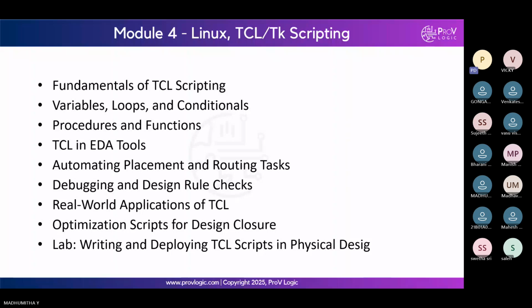Next is Cadence tools. The Cadence tools are Genus for synthesis, Innovus for PD, and then Tempus for timing, the STA part.